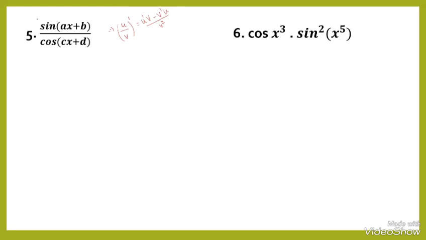Okay, I'm using the formula. Replace u as sine of ax plus b, v as cos of cx plus d. Now, let f of x is equals to sine of ax plus b divided by cos of cx plus d. Again, differentiate with respect to x.